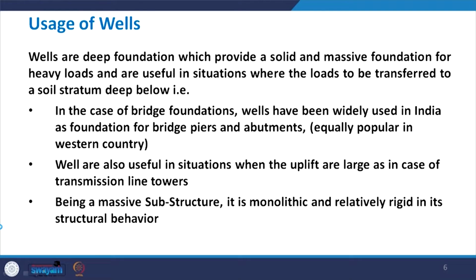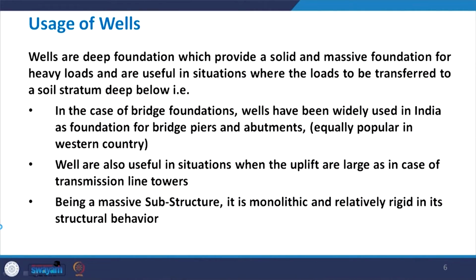Wells are also useful in situations when the uplift is large, as in the case of transmission line towers. That means when, due to wind forces or some other reason, there could be uprooting of the towers and it can generate uplift, in that case also a well will be useful.